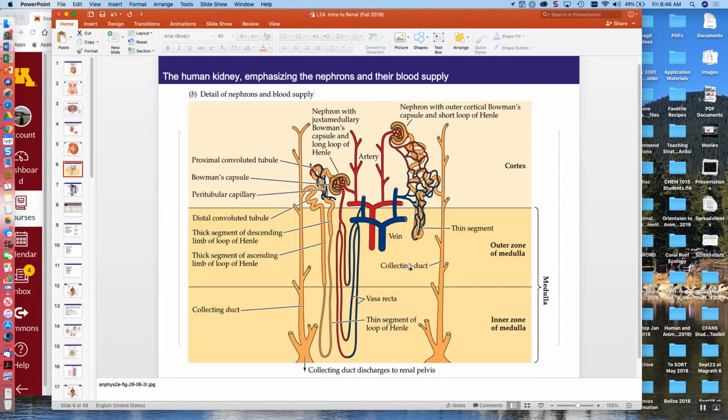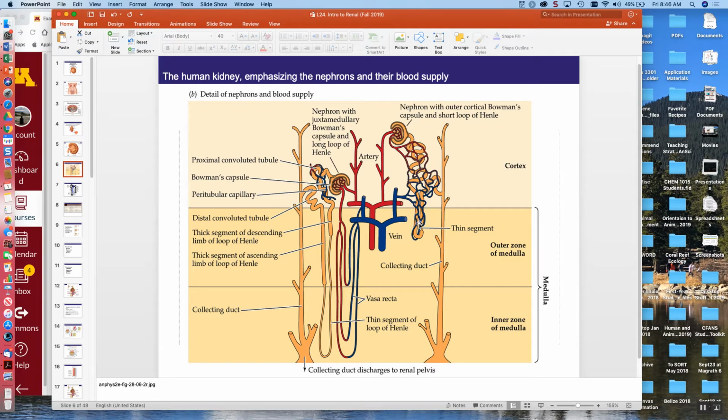So this nephron right here, the cortical nephron, starts here in the glomerulus. You can see the blood supply that actually enters into the glomerulus. This is where blood is being filtered. Yeah, this is a very good question. Okay, and then the entire nephron winds around. The loop of Henle is very short right here.